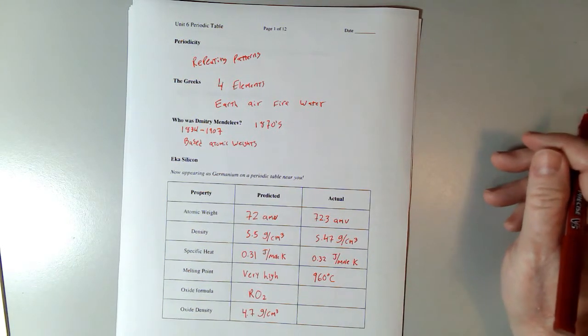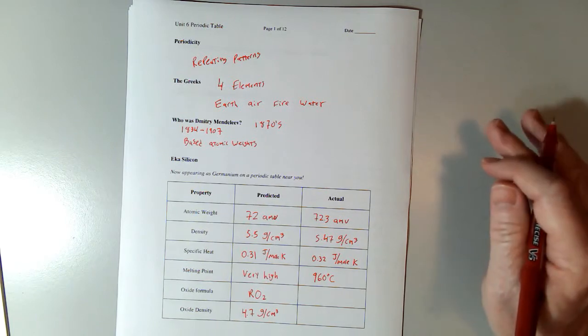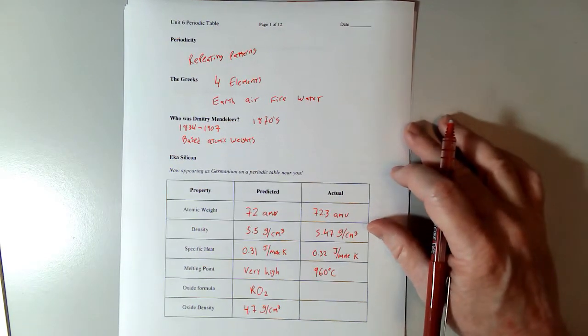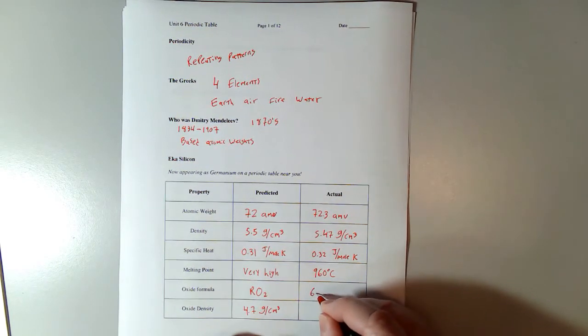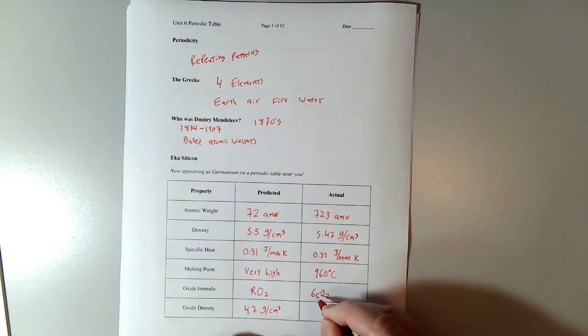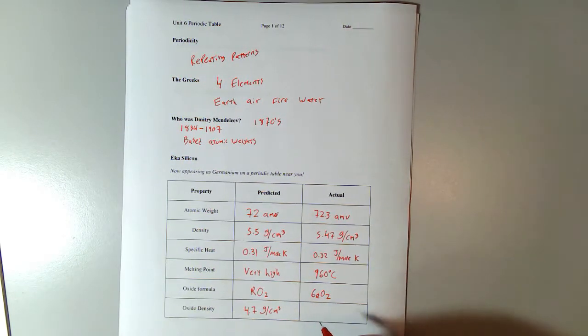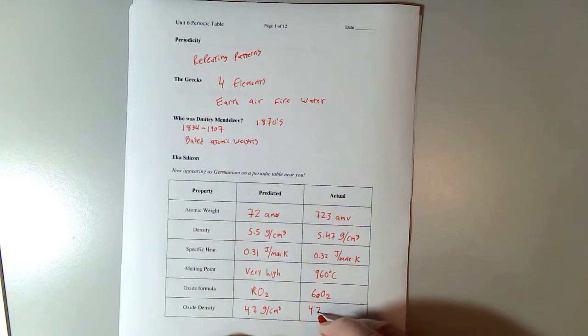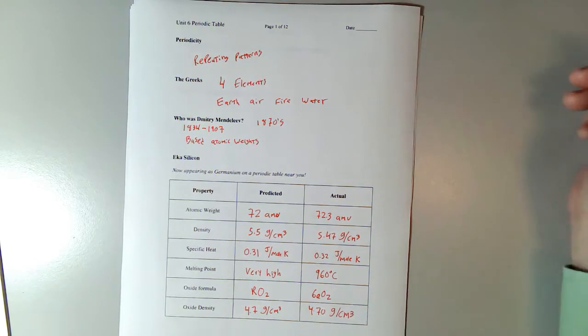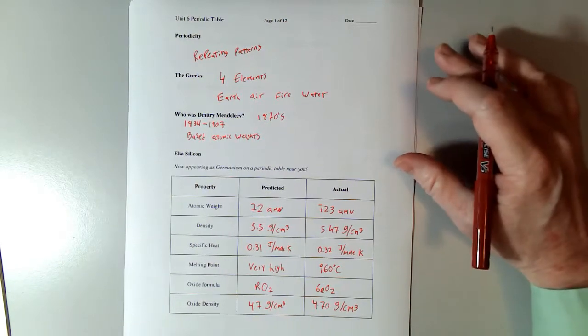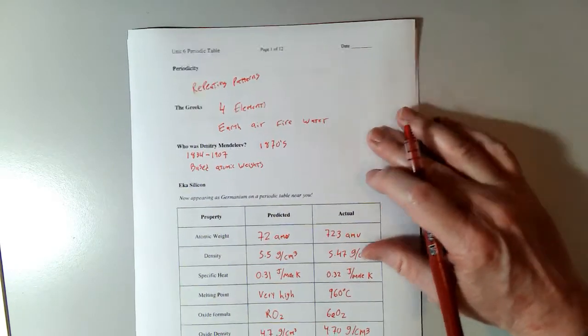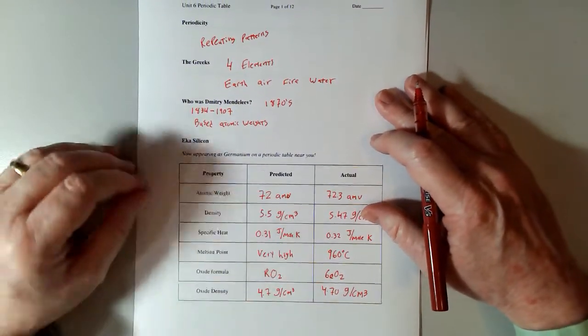I think we will all agree that that is a pretty high melting point. The oxide formula, he was correct. It's GeO2. And 4.70 grams per centimeter cubed for the density of the oxide itself. Okay? So he was pretty spot on with this.